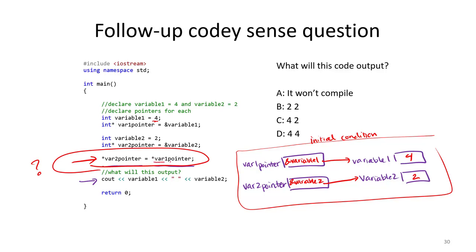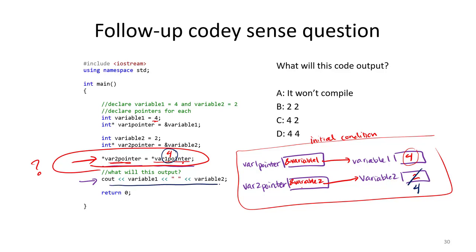Well, notice what asterisk variable 1 pointer does. This tells us to go where variable 1 pointer points and return the value stored there. Then, asterisk variable 2 pointer equals 4. That is going to go where variable 2 pointer points, and this is going to change variable 2 to the number 4.